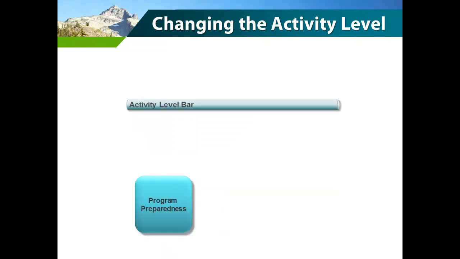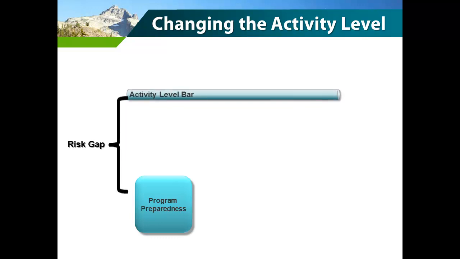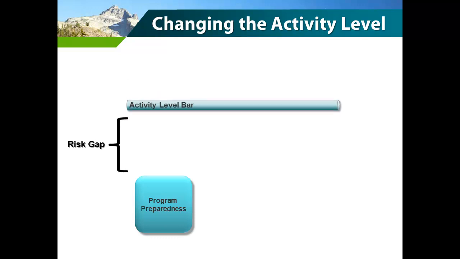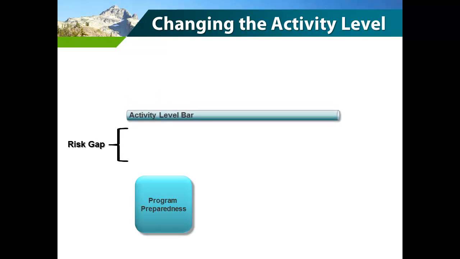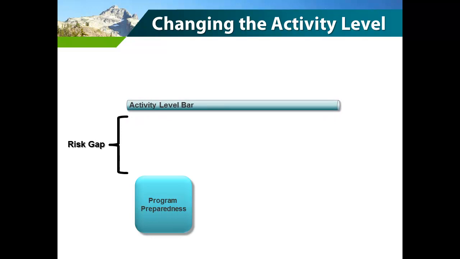One way of managing your risk gap is by moving the activity level bar. We can raise the bar or lower the bar while keeping program preparedness the same and change the risk gap.